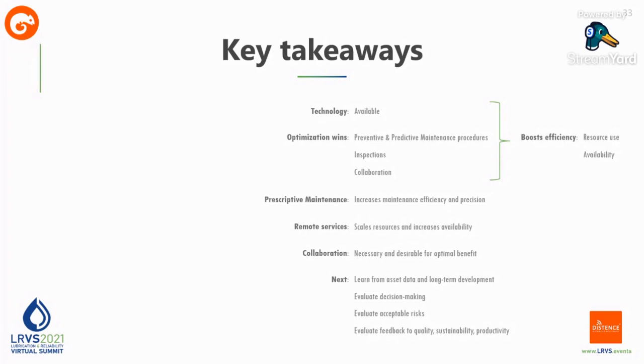By proper implementation and strategic partnerships, benefits are certain. The next level is learning from asset data and long-term development. For example, how do we make decisions, how to match risks we are willing to take, and how maintenance links back to quality, sustainability, and productivity.